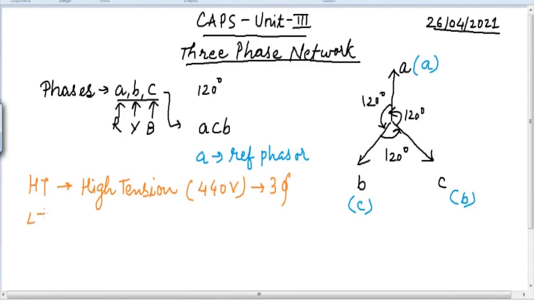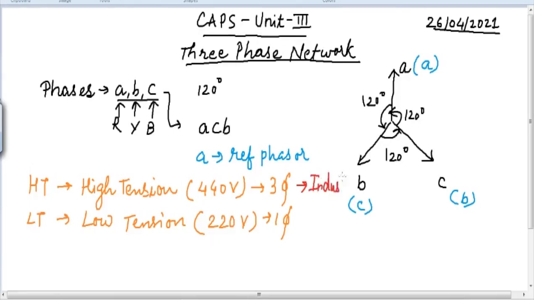And who are the LT consumers? LT consumers means low tension consumers, the normal households who require 220 or 240 volt supply, right? So this will necessarily be a single-phase supply. The three-phase supply will be mostly used by industry, and the single-phase supply will be mostly used by commercial and household users.